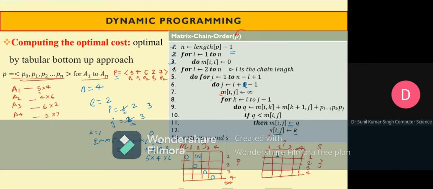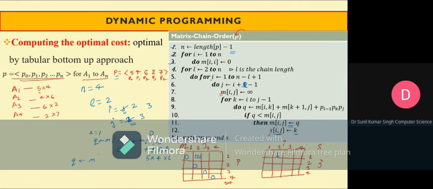Now look at here, Mij, so that means 2, 3, second row, third column, going to put infinity and then compute the value. So for calculating the Q, this time k is from 2 to j minus 1, again 2.